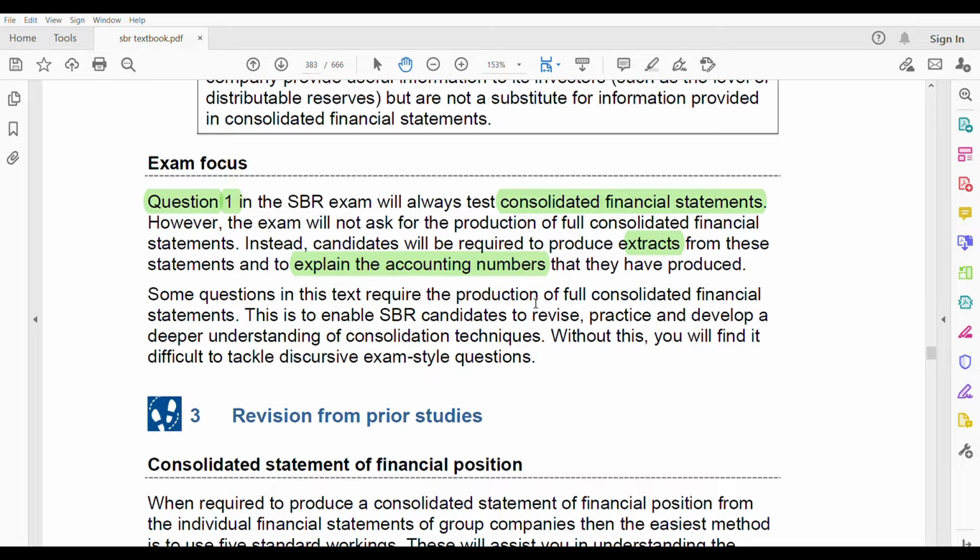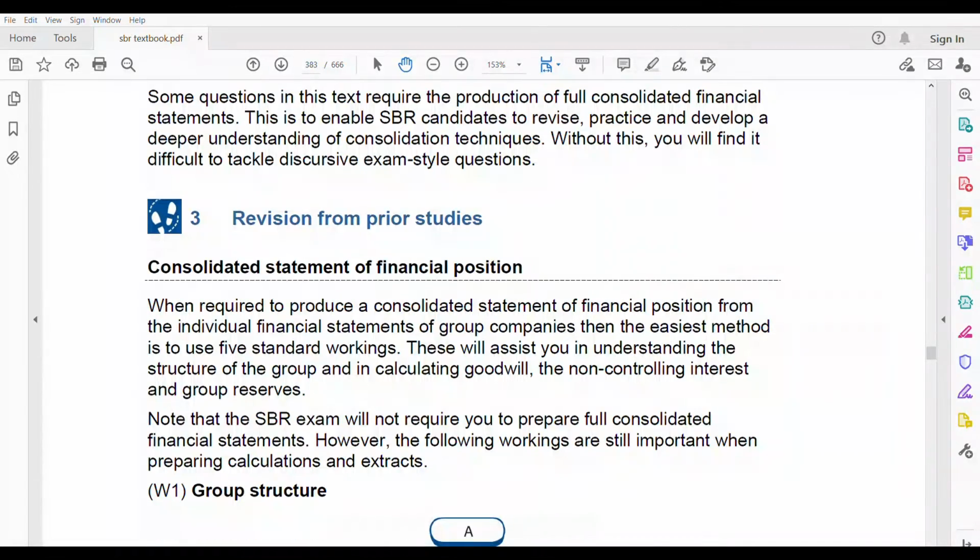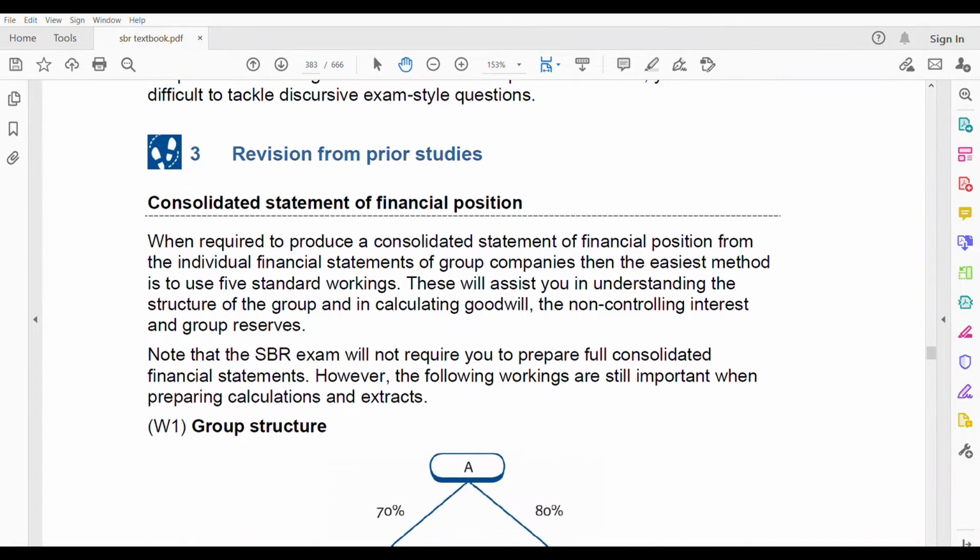Trust me on this. Now we are going to revision from prior studies. We are going through the consolidated statement of financial position. To follow group accounting, it is easiest if you use 5 standard workings. Make sure that you follow these 5 standard workings in your group accounting whenever you are told to make a consolidated statement of financial position or even a consolidated statement of profit and loss.